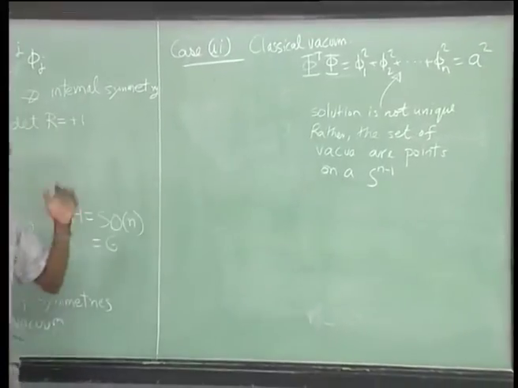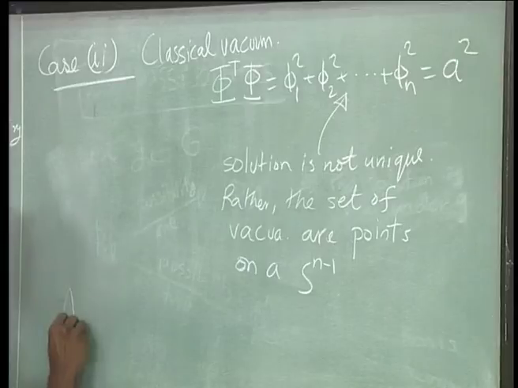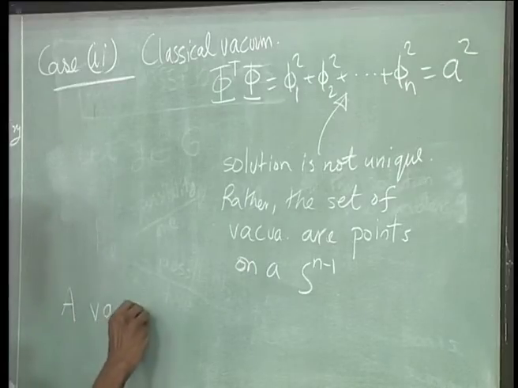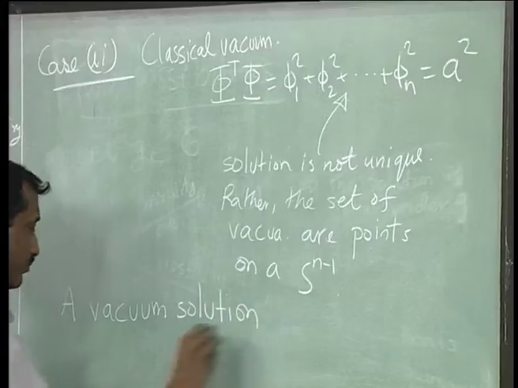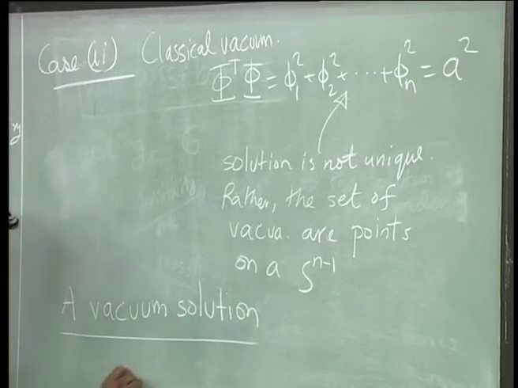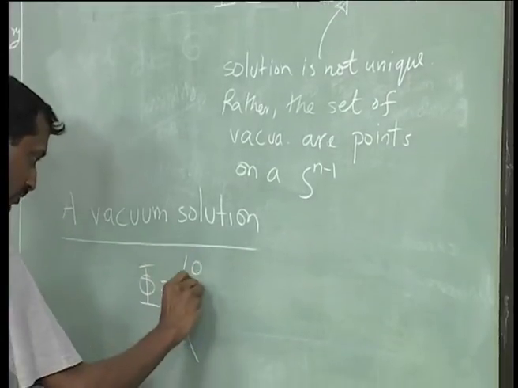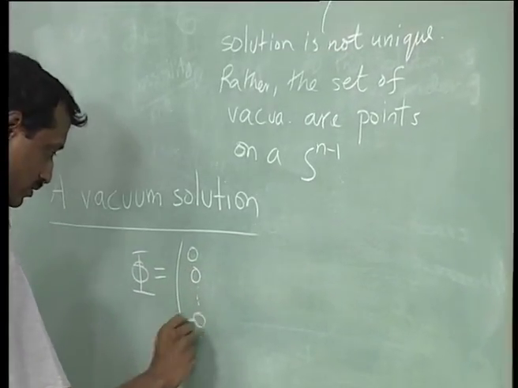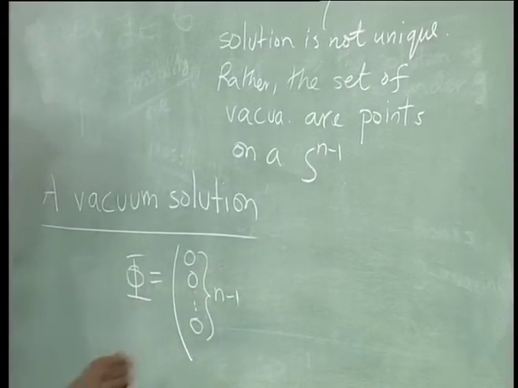So, now the question is, let us pick a vacuum. For instance, a vacuum solution is of this form, with n minus 1 zeros and an a here.